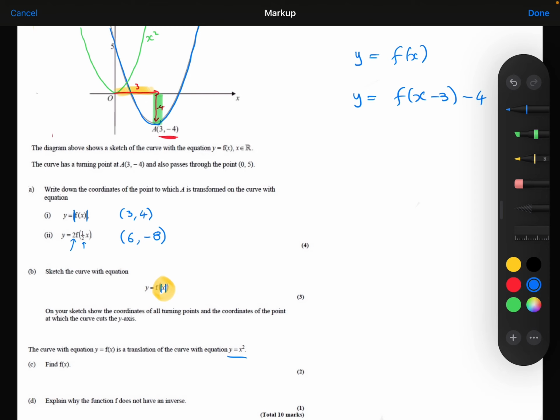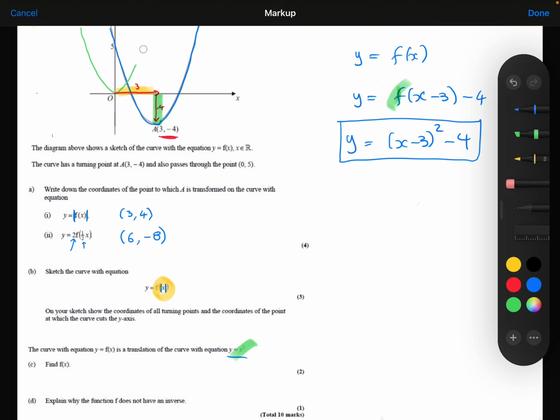The actual specific function we're talking about here is the x squared function, remember? That's what's been translated. So instead of writing f, let me write squared. And therefore this is my f of x function. You could expand that out if you wished, but it doesn't tell me how I need to write this answer, so I'm going to leave it like that. That is the blue function there, the f of x function.